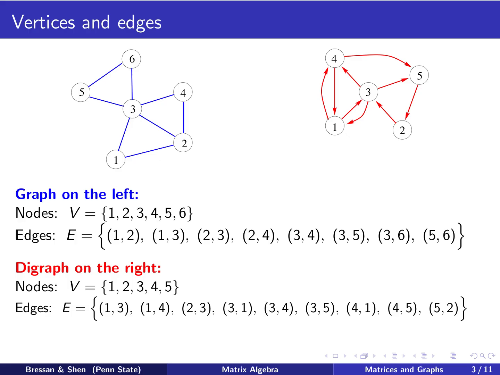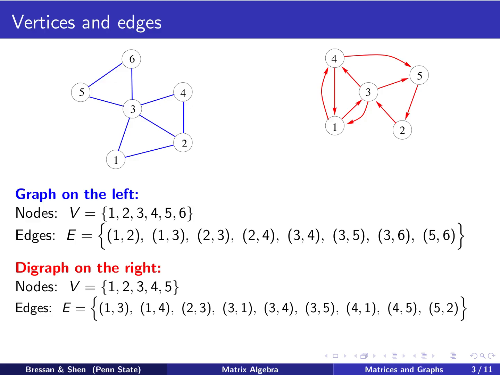And then for the digraph on the right, we can also collect in a similar way. For the set of nodes V, we'll have 5 of them numbered like this. And then the edges, that means the edges that are directed, called E. This will be a pair of nodes, and the ordering matters.